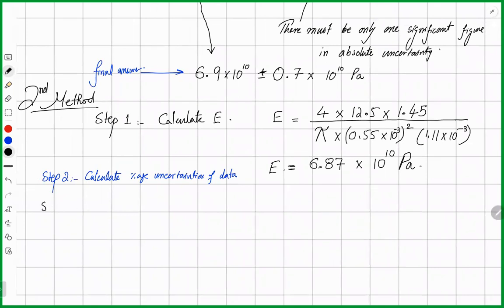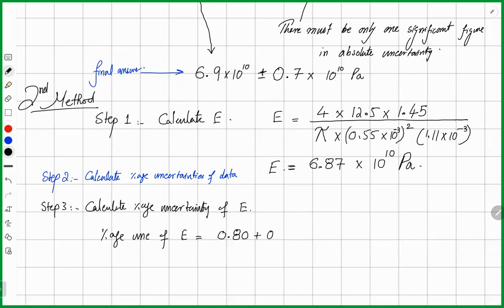Now, step 3. Calculate percentage uncertainty of E. So percentage uncertainty of E equals 0.80 plus 0.68 plus 3.6, and this was multiplied by 2.